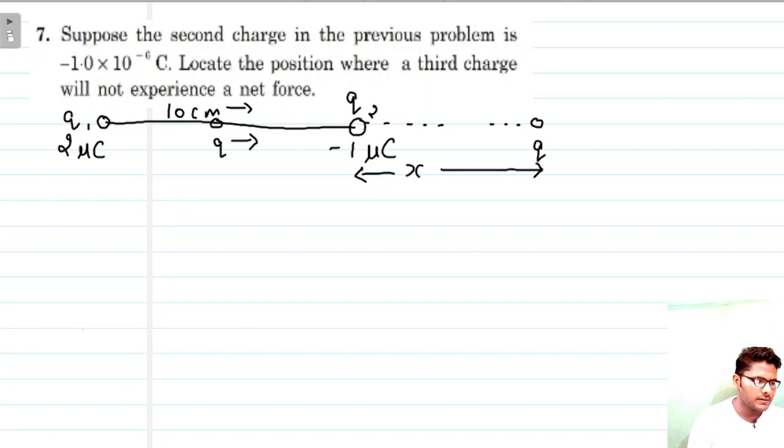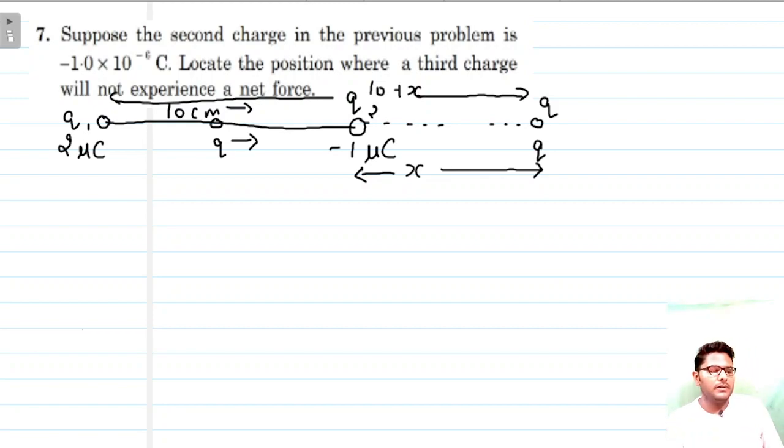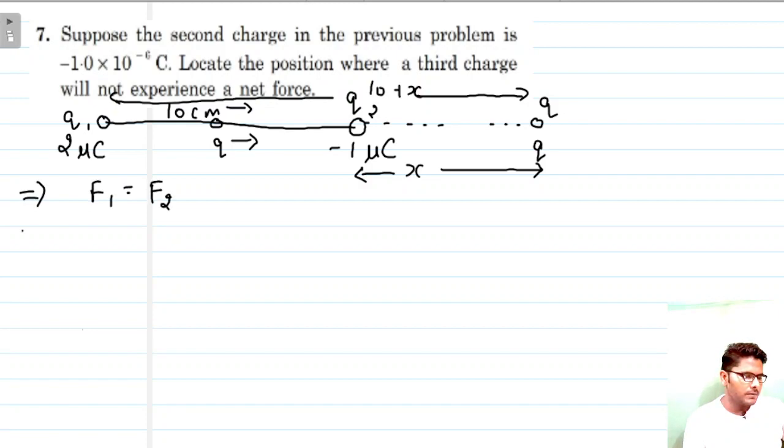So this is x, and the total distance between Q1 and Q will be 10 plus x, or when you write it in meters, this will become 0.1 plus x. So F1 should be equal to F2.